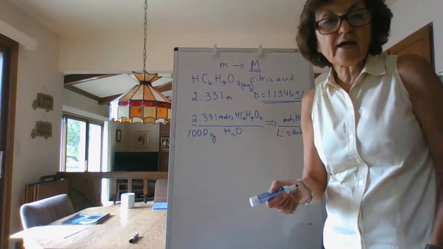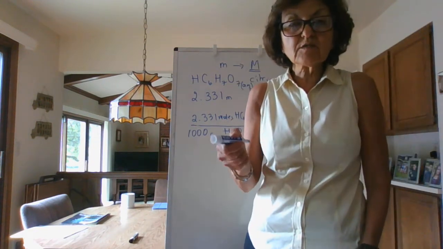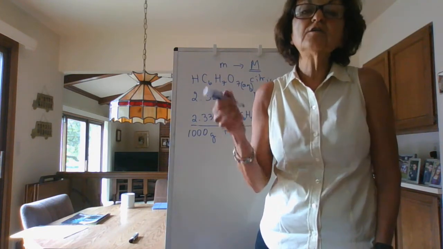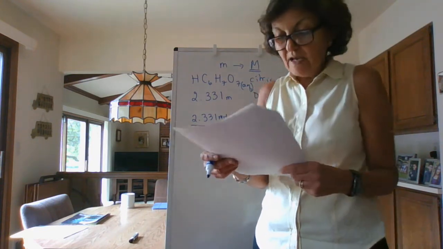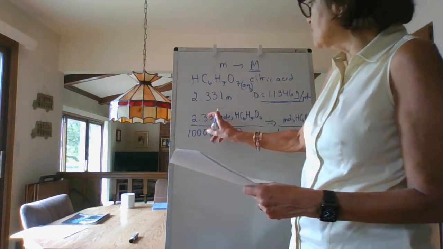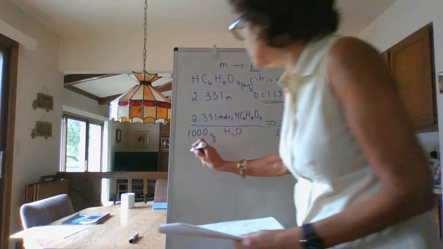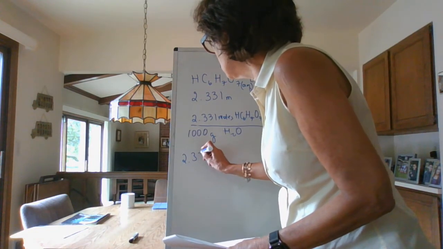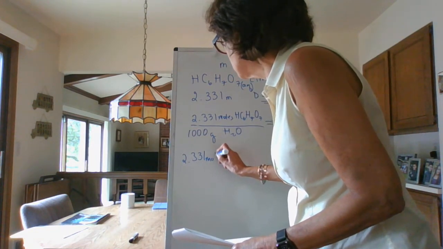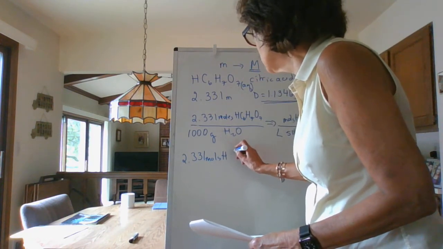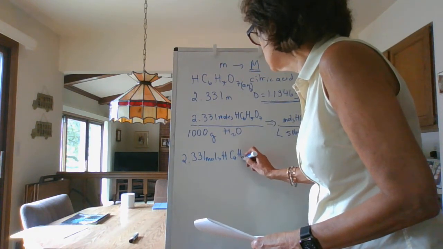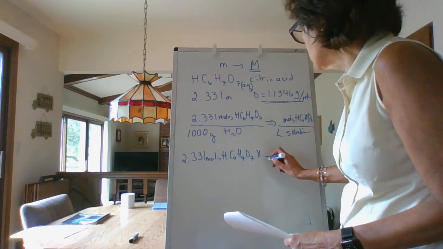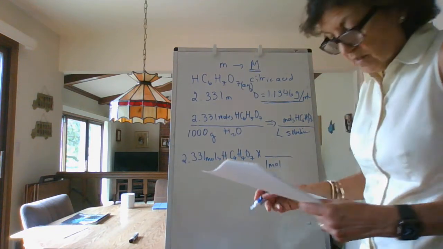So what I need now is the grams of solute plus grams of solvent, add them together to get grams of solution. And that's what I'll do first. I'm going to take this 2.331 moles and convert it to grams. 2.331 moles of citric acid, HC6H7O7. Get the molar mass for this, 1 mole.